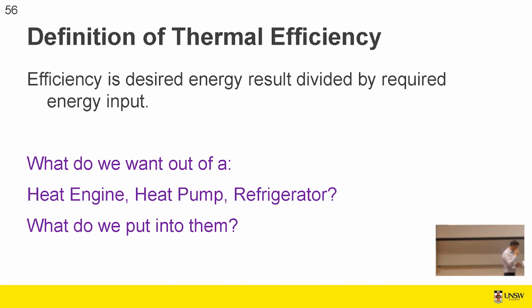Heat pump, over in Western Australia, I haven't seen any in New South Wales, but over in WA, when I lived over there, my place has a heat pump water heater, okay? So if you've got a normal electrical water heater, then you've got an insulated tank with an electrical wire running in it that curls around a bit and then comes back out, and you run current through the wire.